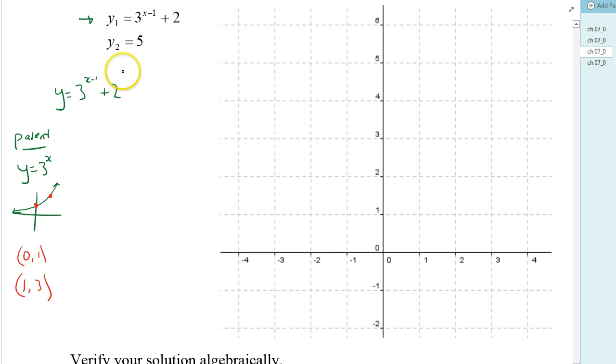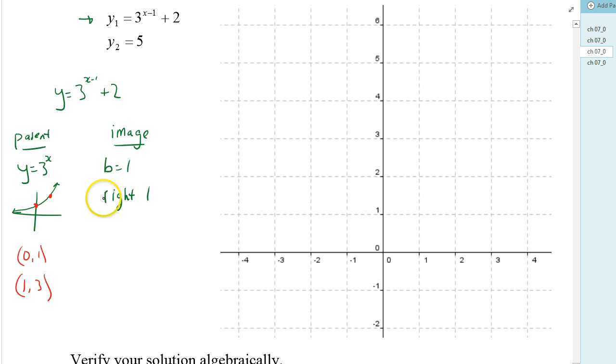So our image, well, what are we doing here? What does the -1 part mean? The -1 means that b is equal to 1, and we're going to go right 1.